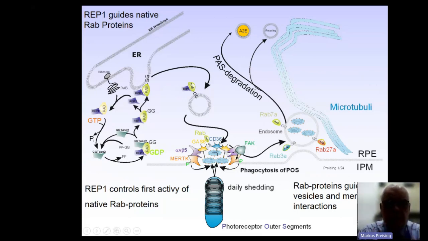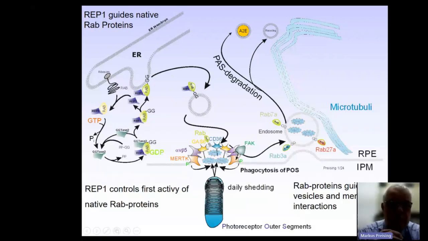So as I showed you before, the important structures and the important players in choroideremia dysfunction are the Rep proteins. We have a set of more than 60 Rep proteins in each cell with different functions affecting different activities in different tissues and cell types.